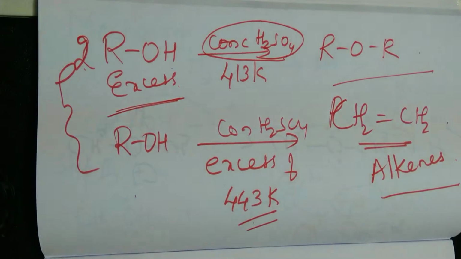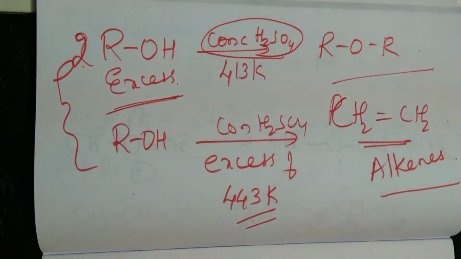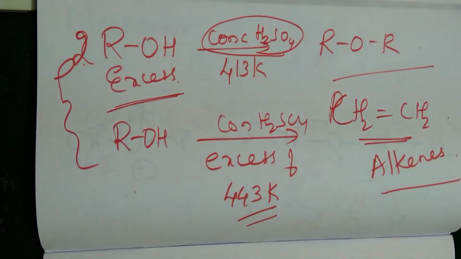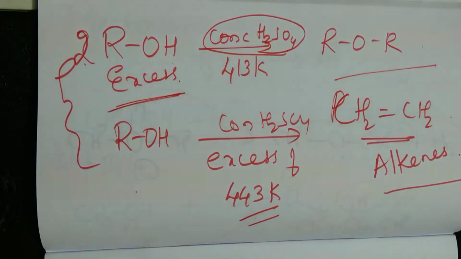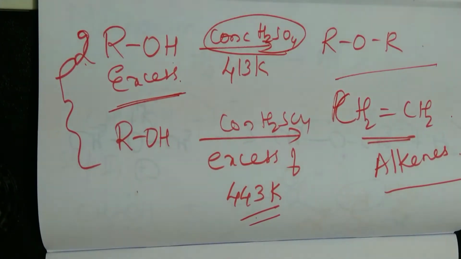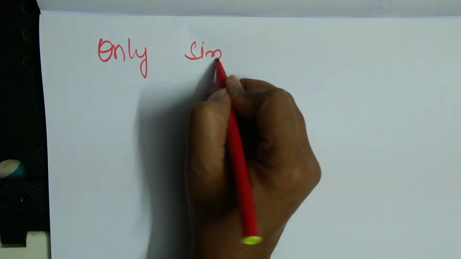So alcohols can be converted into ethers at lower temperature, excess of alcohol. Alcohols can be converted into alkenes using excess of acid and at a higher temperature. Now the above method for preparation of ethers, we can prepare only simple ethers.